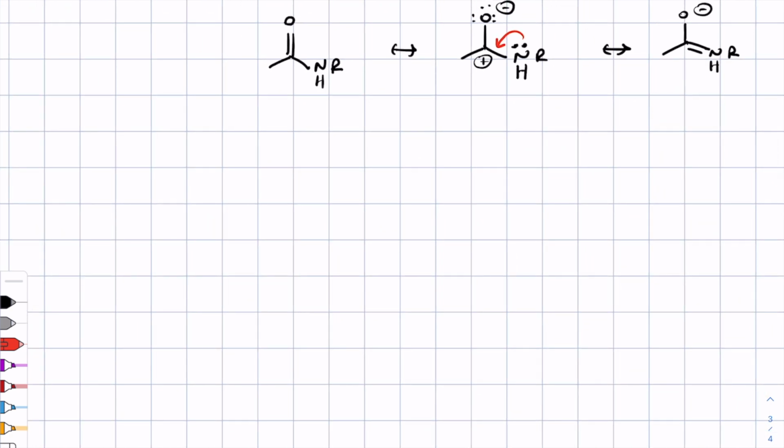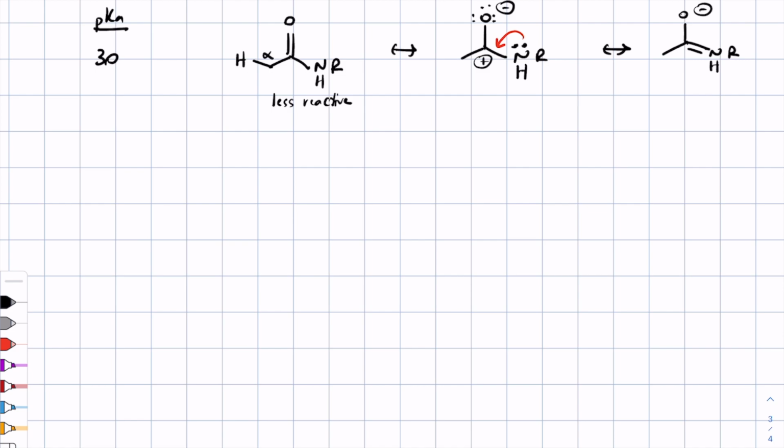It's a better electron donor than oxygen because nitrogen's less electronegative than oxygen. So it turns out that the carbonyl carbon of an amide is relatively electron rich, and so the amide is less reactive in terms of being a carbonyl compound. Accordingly, the alpha proton is also less acidic. The pKa is 30 for the amide.